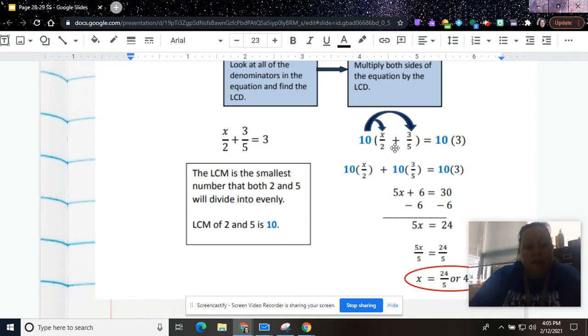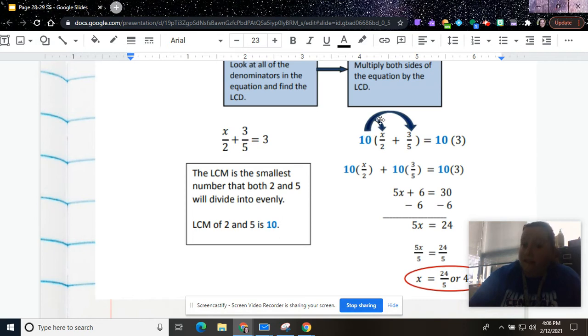So what you can do is you can multiply both sides of your equation by 10. It kind of looks like you're going to do the distributive property. If you multiply the left by 10, then you have 10 times x, which is 10x, and then you divide by 2, and you get 5x. 10 times 3 is 30, divide by 5, and you get 6.